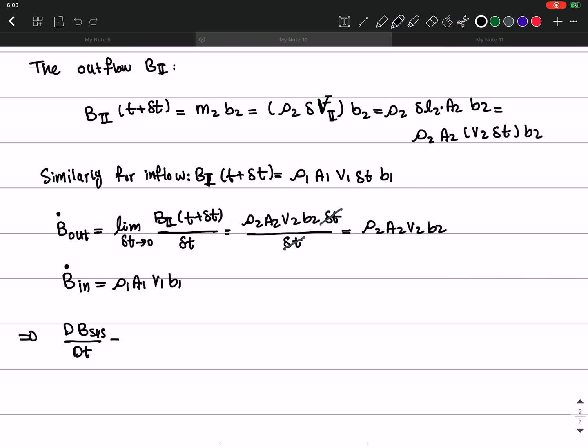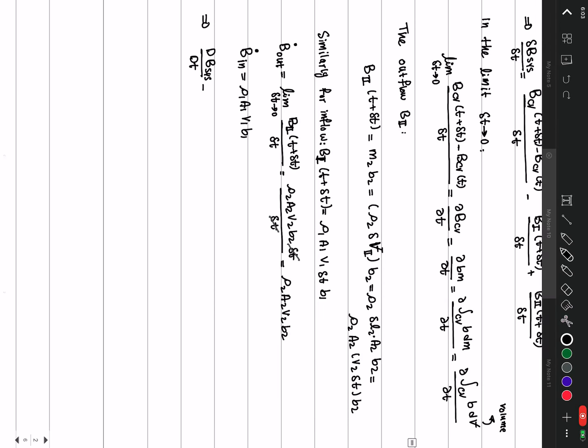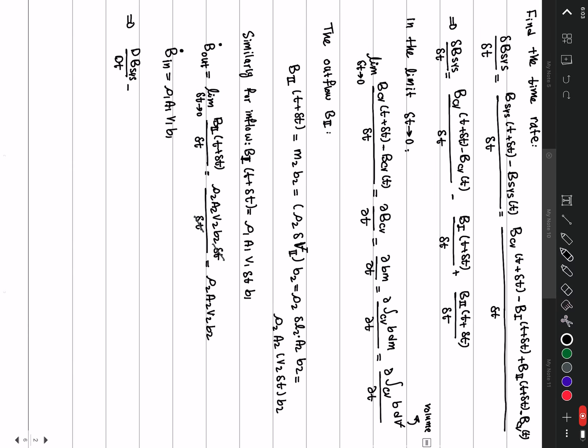Okay, let me see if I can do it this way so you can see it. So we have this term here. Just follow this as I write it. It's just all these terms here.